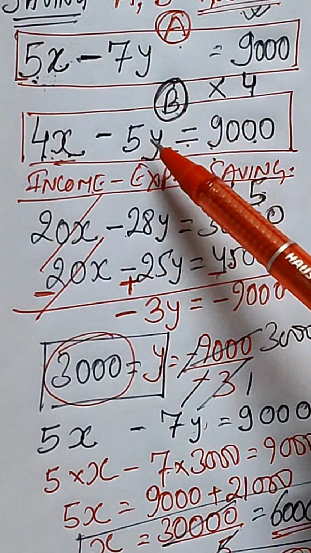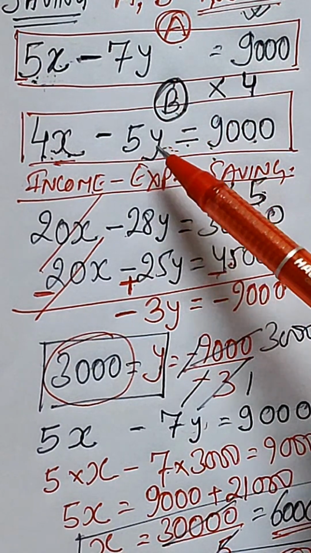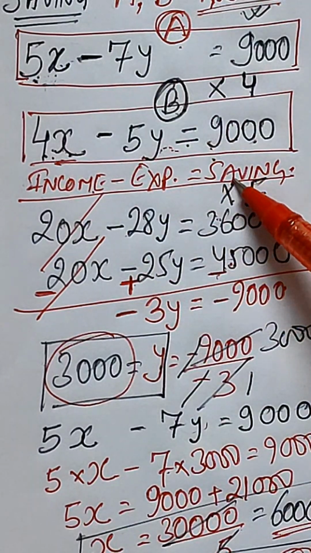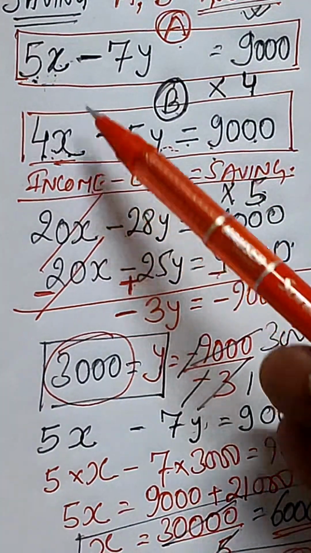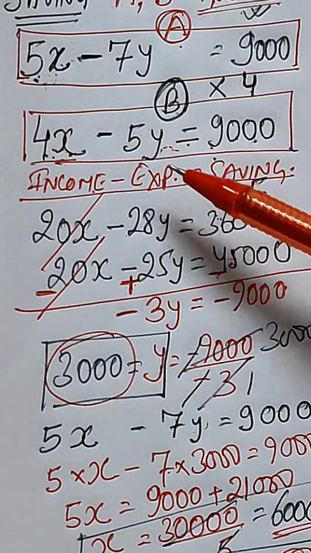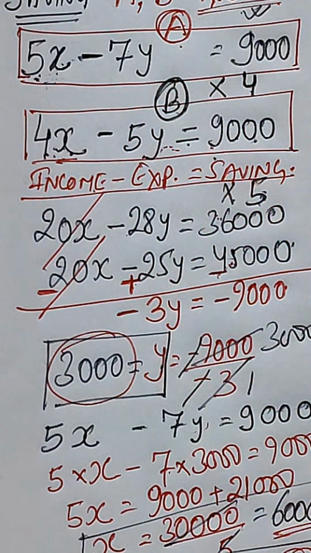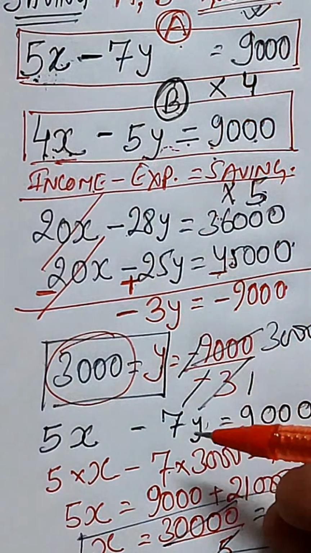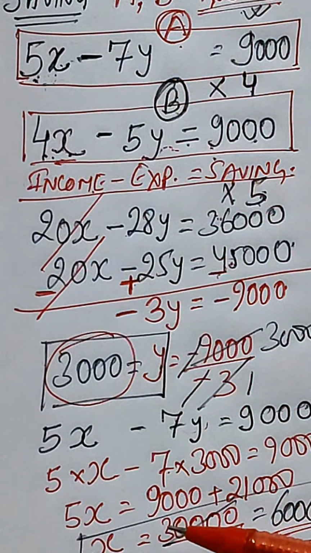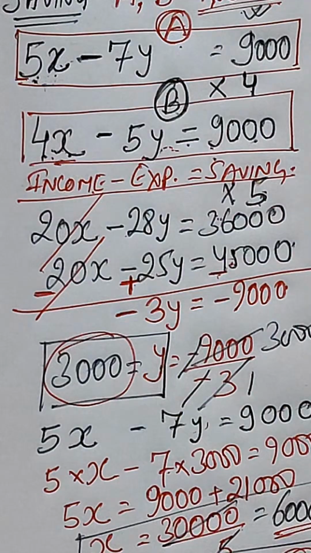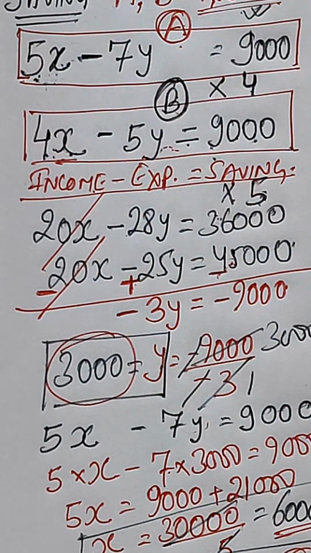Expenses of B will be equal to 5y. And after that you can write, since income minus expenses is equal to saving, then we can write 5x minus 7y equal to 9,000, right? So in this way you can elaborate a little, right? If you are writing the steps, these are the steps which are very clear and self-explanatory, but the statement should be there. This will help you to score full marks.